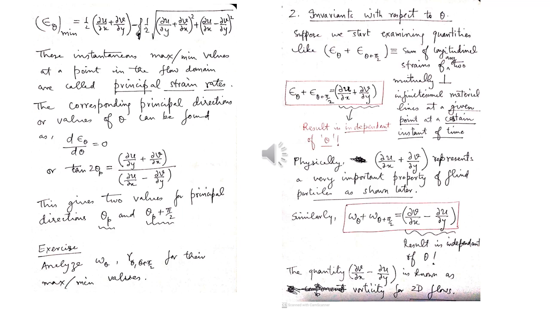Towards the end, we will move on to the last objective, where we will extend whatever we have learned to 3 dimensions. There we will see how we can talk of the vorticity in 3 dimensions.